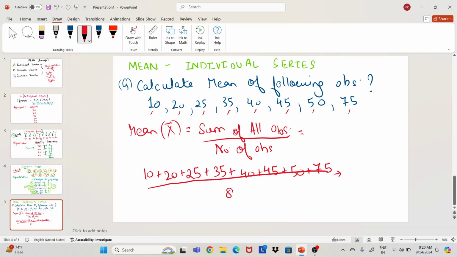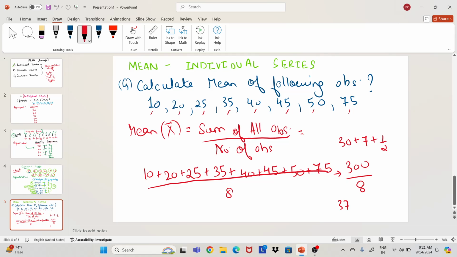10 plus 20, 30, 30 plus 20, 50, 50 plus 30, 80, 80 plus 40, 120 plus 40, 160, 210 and 280, plus 20, that is 300, divided by 8. 300 divided by 8 can be written as 240 by 8, that would be 30, and 60 by 8, 56 by 8 is 7, and 4 by 8 would be 1 by 2.